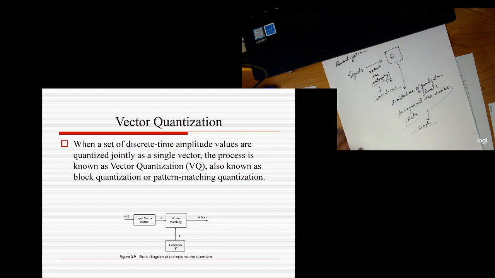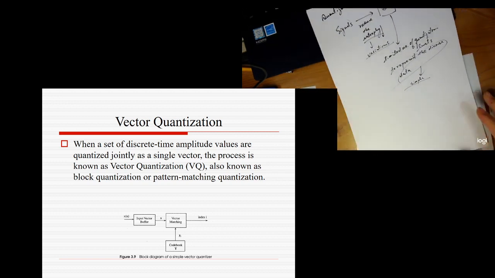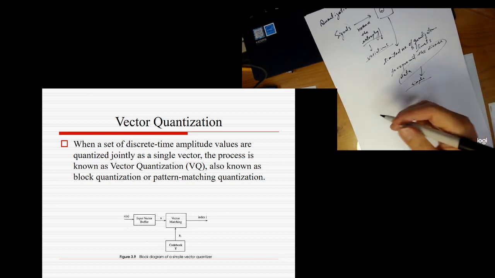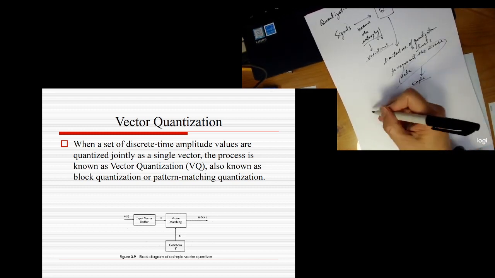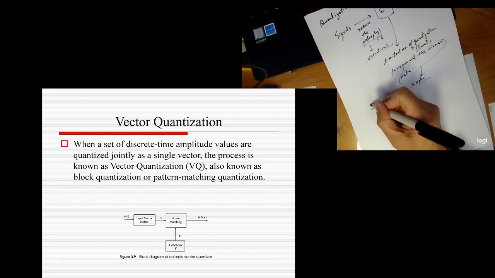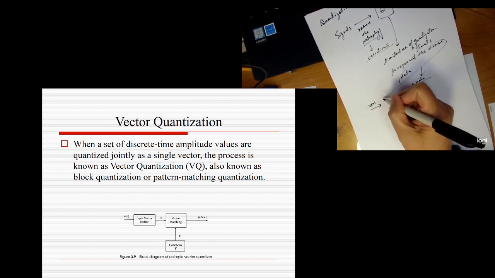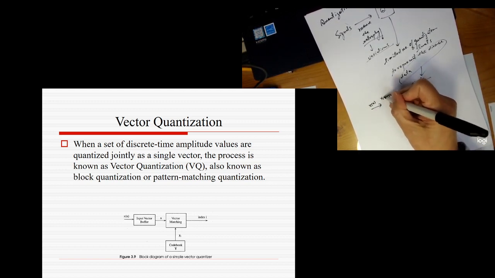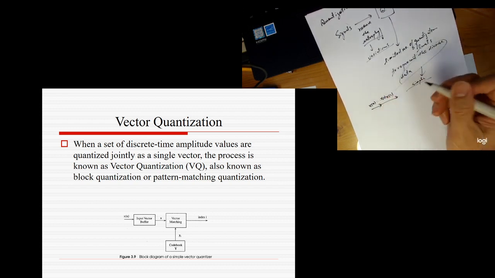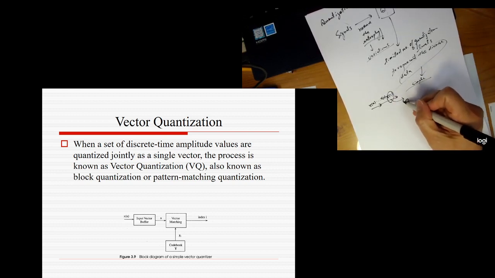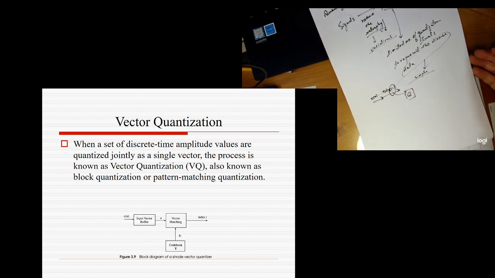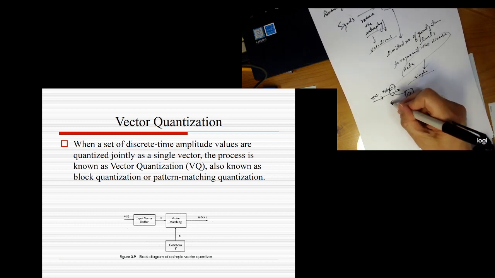Another way to look at vector quantization is to compare it with scalar quantization. In scalar quantization, each component, maybe S1, S2, is quantized separately, so we call this scalar quantization.